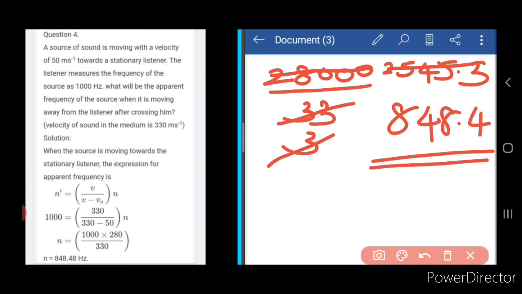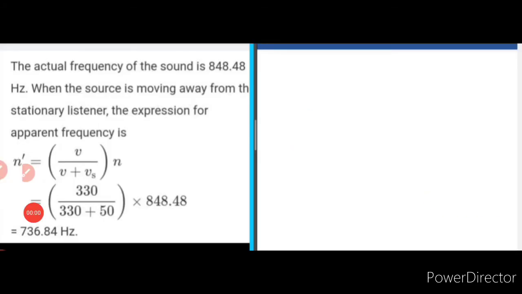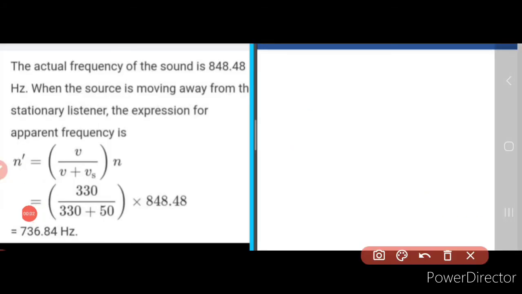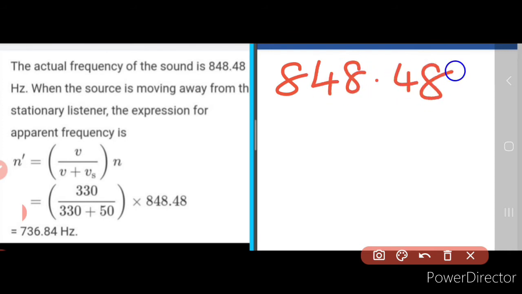So what is the frequency? The frequency of the source is 848.48 hertz. Now we have found out the actual frequency of the sound, isn't it? This is the actual frequency of this sound, right?